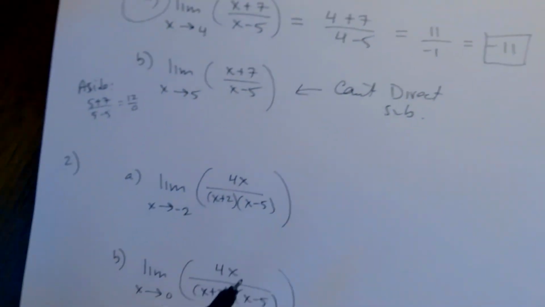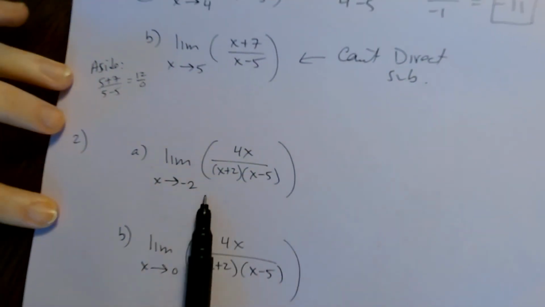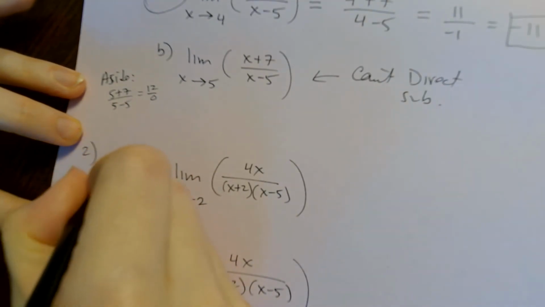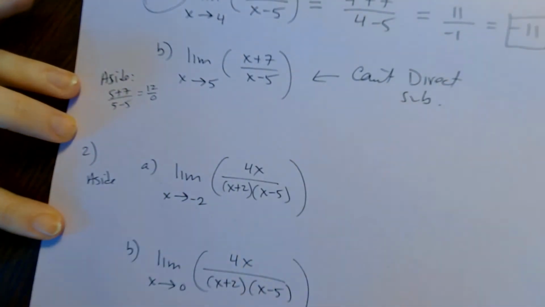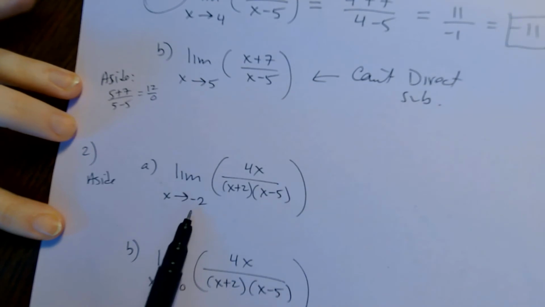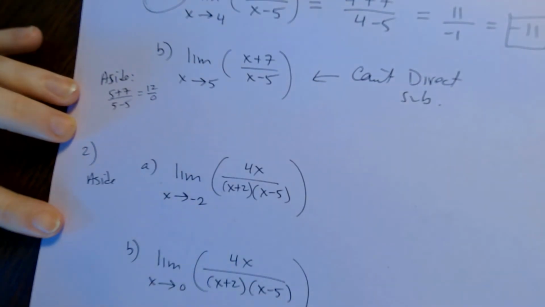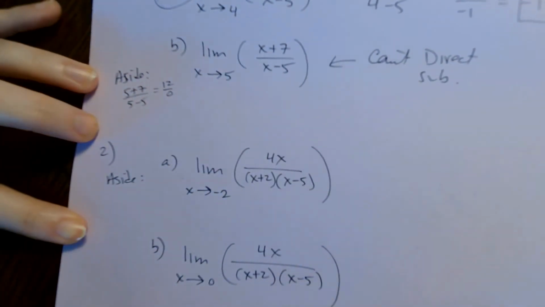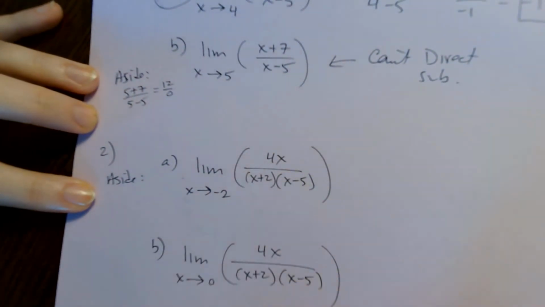All right, now let's try this one. And like I said, let me do an aside, guys, just for our notes. But when you're on your own, just in your head, recognizing whether or not direct substitution would make the denominator 0, that's enough. But let me do these aside things for our notes. So I'll try direct substitution.